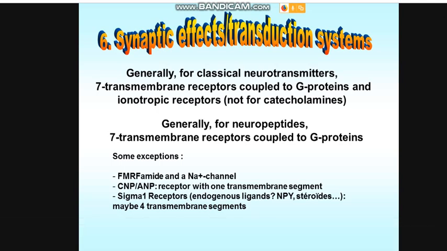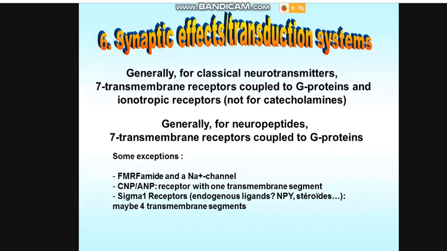Classically we have 7 transmembrane receptors, and for some neuropeptides we have maybe 1 transmembrane segment, 1 channel, and for sigma-1 receptors we don't know the endogenous ligand.